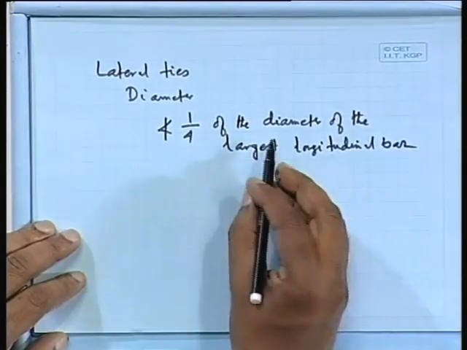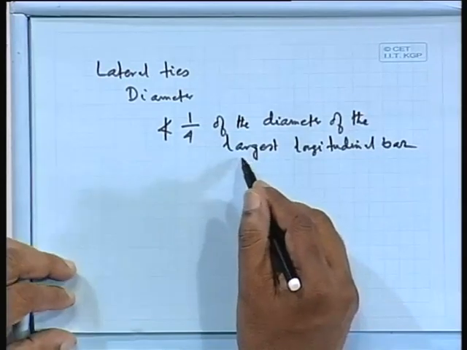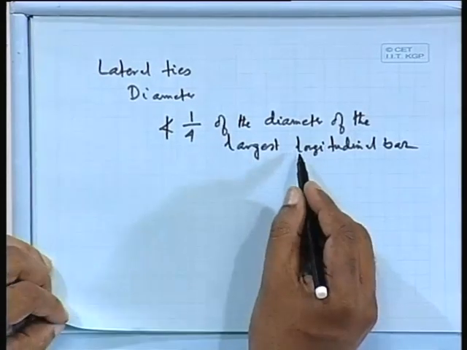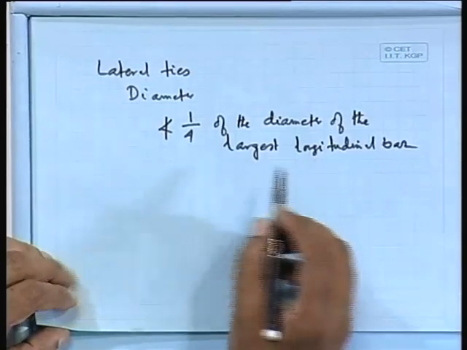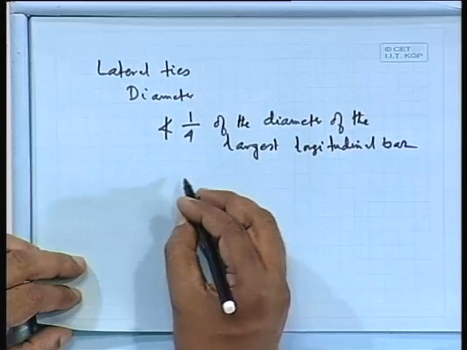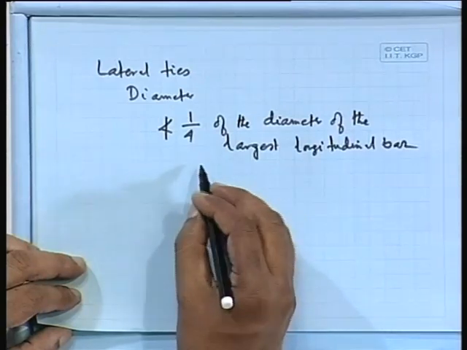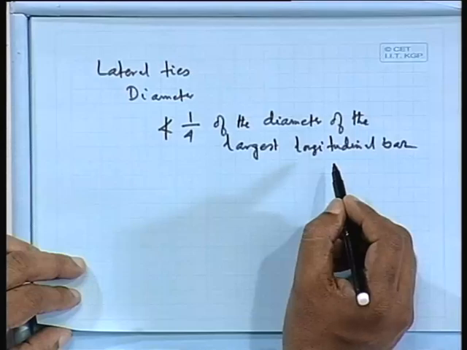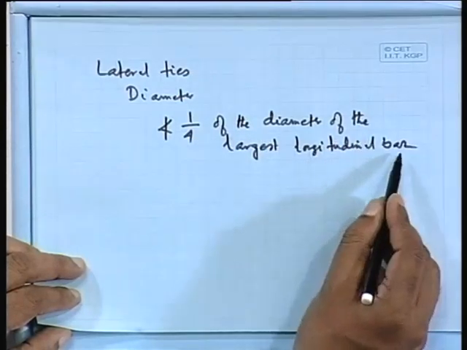Please note here for spacing we have taken the least and for diameter we are taking the largest. If you have 12 millimeter, 16 millimeter all those things, so you have to take the largest one. Okay. So this is the case we have to consider here, 1/4 of the diameter of the largest longitudinal bar.